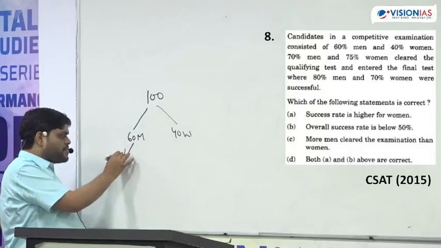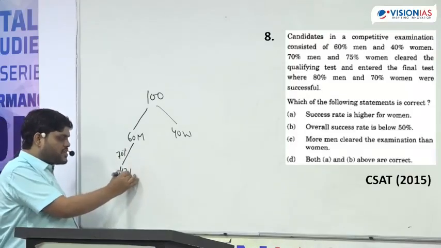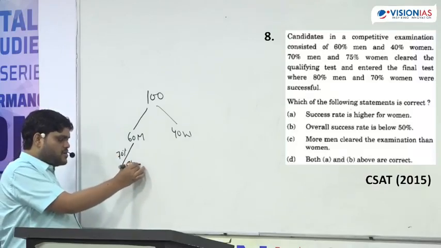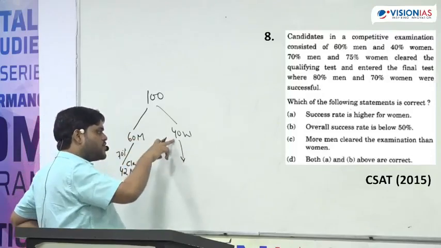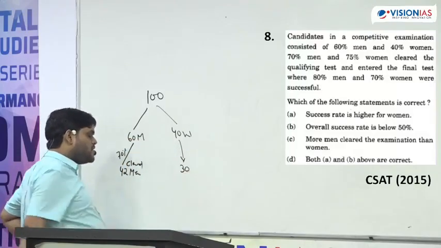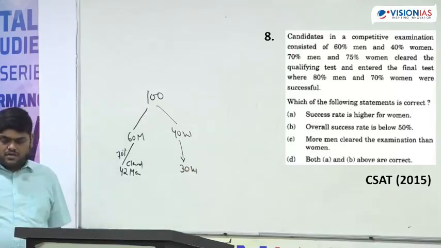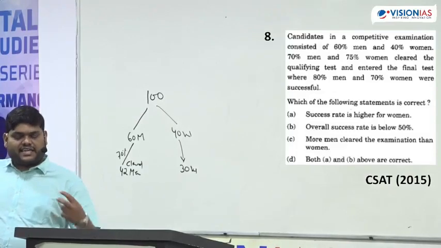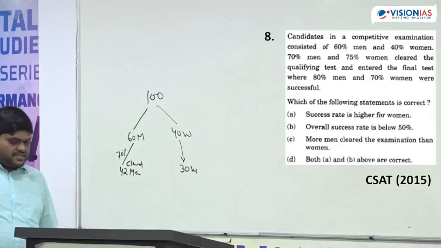If 70% men have cleared, that means 42 men have cleared. And 75% of 40 is 30. That means 30 women have cleared the qualifying test and enter the final test.